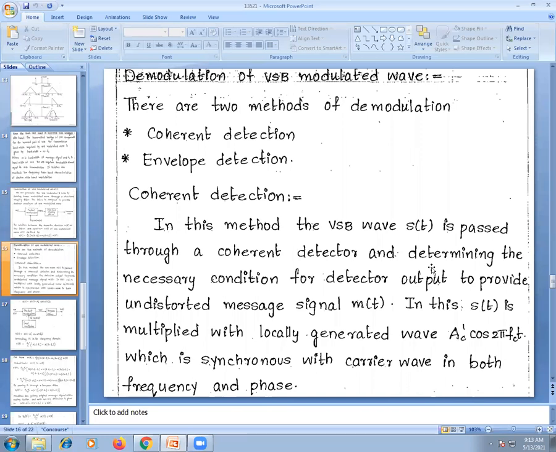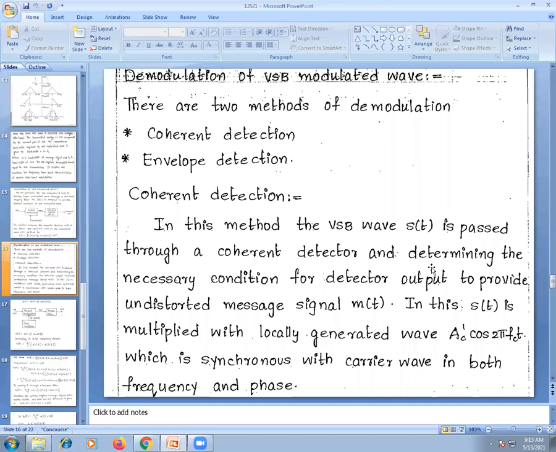In the coherent detection method, the VSB wave S of t is passed through a coherent detector, and we determine the necessary condition for the detector output to provide the undistorted message M of t.